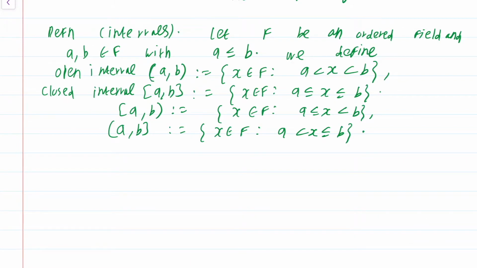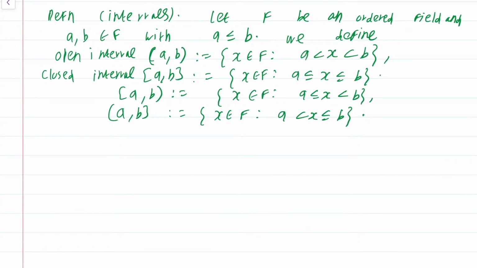Let me make this remark: don't get confused between the ordered pair (a, b) and the open interval (a, b). Both have exactly the same notation, and not a single instance in your mathematical life should you ever get confused which is which. So now that we have defined what these intervals are, we can state the nested intervals theorem.